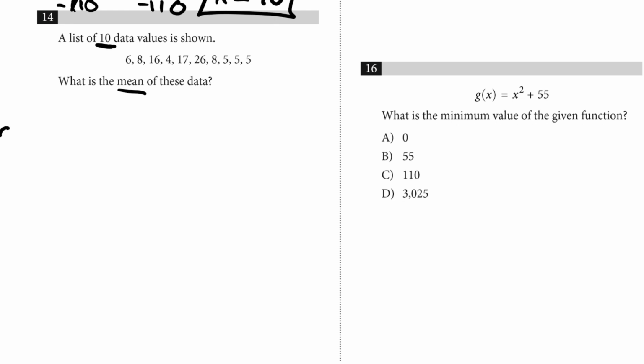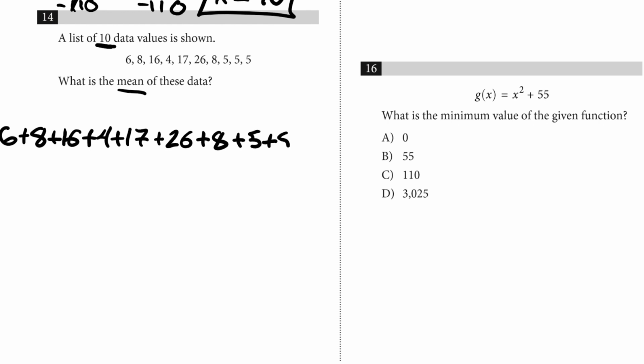So what we need to do is add 6 plus 8 plus 16 plus 4 plus 17 plus 26 plus 8 plus 5 plus 5 plus 5, and we're going to divide all of this by 10.